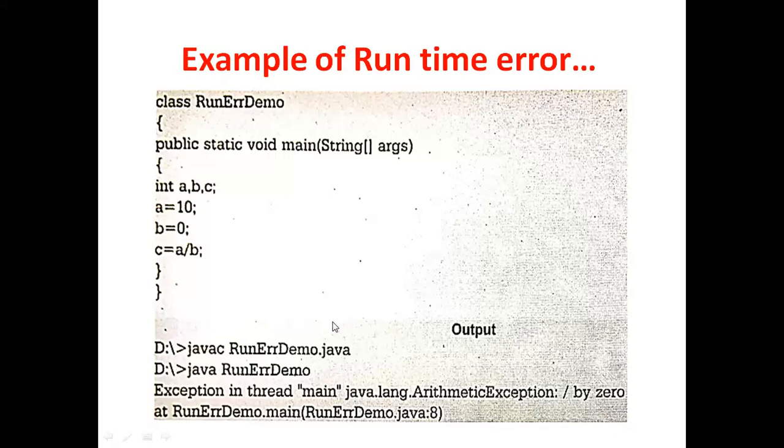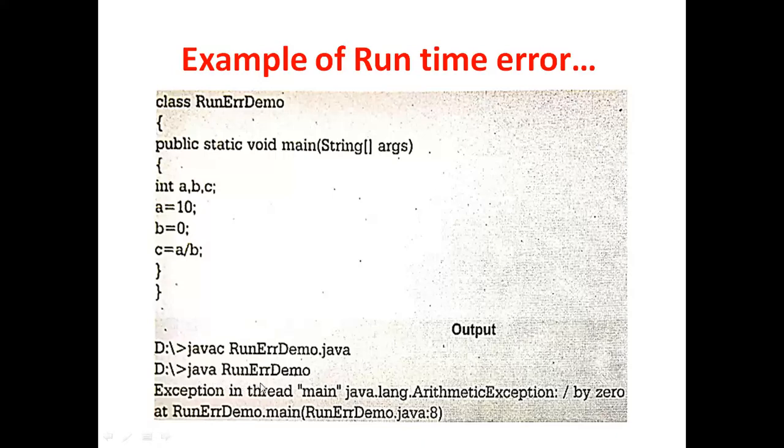In the output you can see the program is compiled properly, as there is no syntax error, and I have given semicolons to each and every line, due to which the syntax or writing part of the program is absolutely correct. Therefore the code is compiled, and we don't get any compile time error.